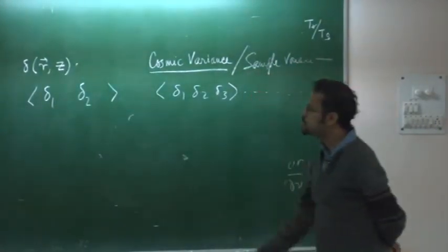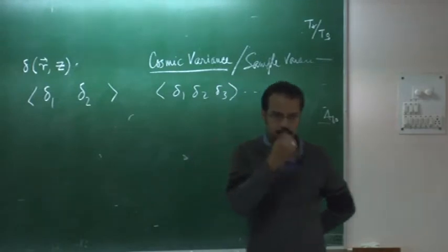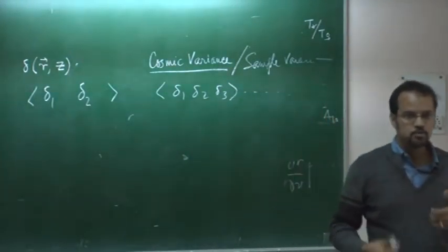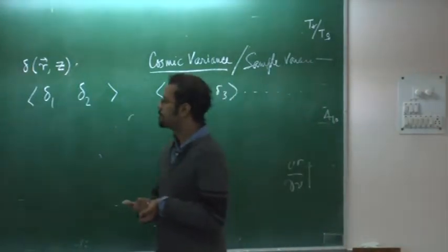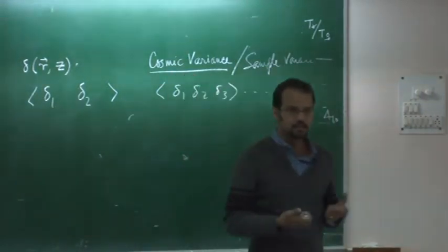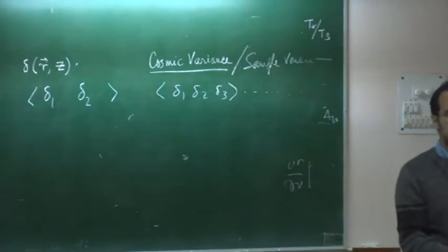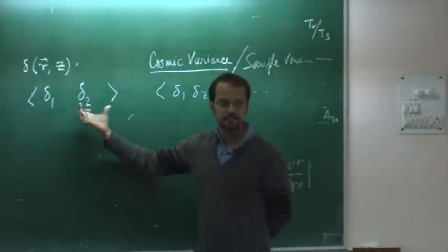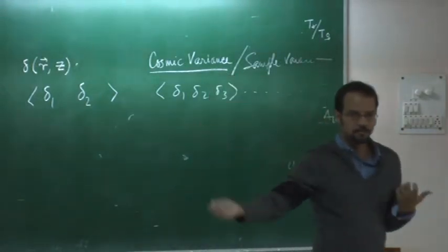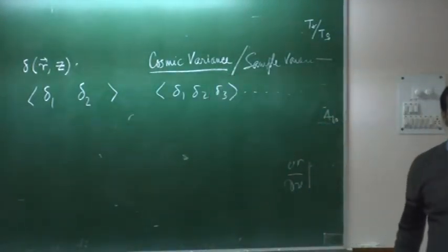It's a fact that you are calculating these averages, but you don't have enough samples to do that, and that would introduce a noise, an error in whatever statistic you are trying to measure. So what you would ideally need is a very large number of samples so that this is minimized. Right?